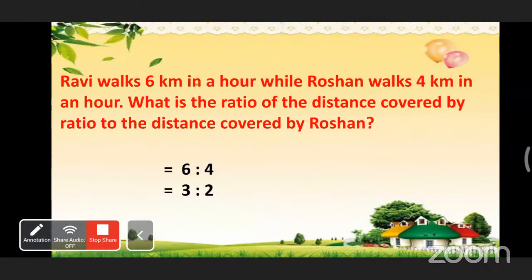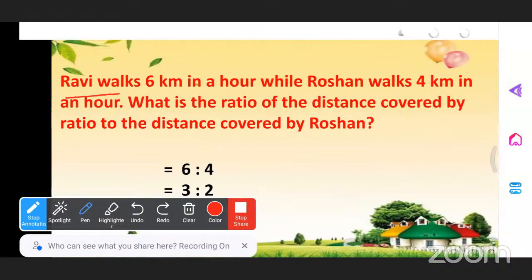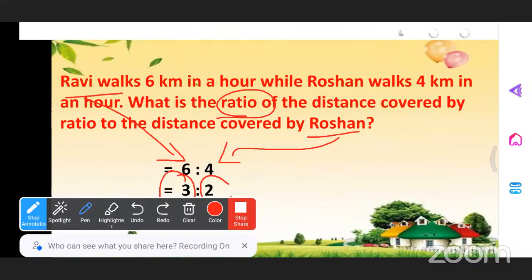In first term, we refer to Ravi. So that's why we write 6 is to 4. That means the 4 covers to Roshan. Simplest form is 3 is to 2. So the ratio of Ravi is 3 kilometers covered and the Roshan is 2 kilometers covered. Yes, ma'am. Okay, Kana. Good.